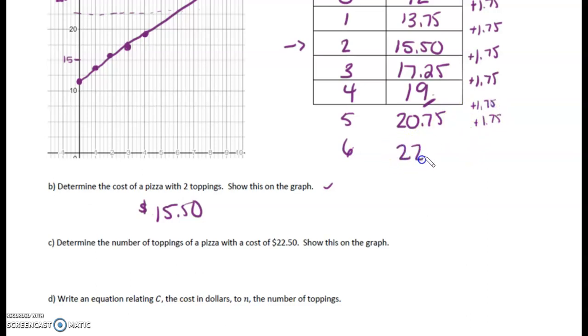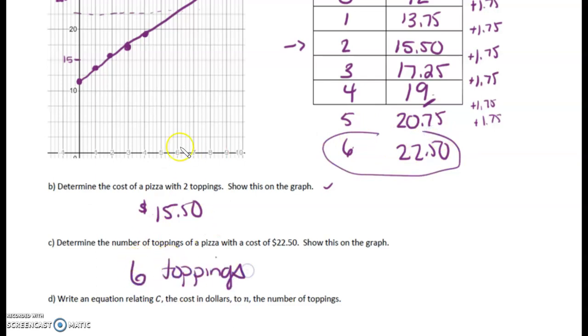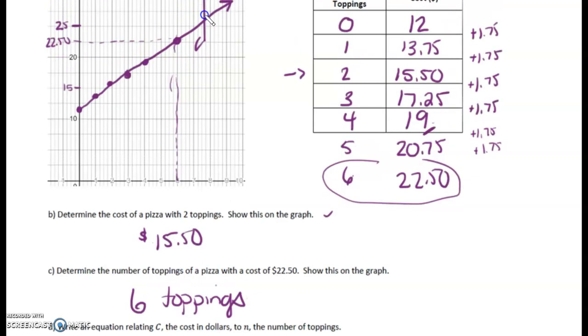And then we get 22.50. So we get 6 toppings. If we went here and we went up 6, it would intersect 22.50, so that's good. This will be 6 comma 22.50.